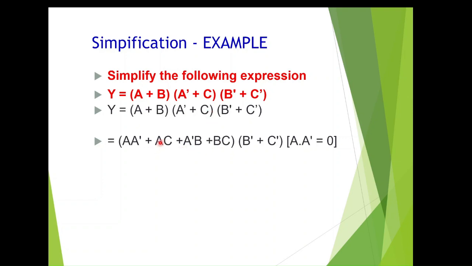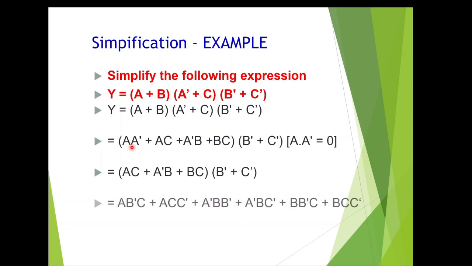So a into a', a into c, a'b plus b into c. Actually the dot is there, so it is implied. Then a into a' is 0, so remaining terms we will write and then again multiply. You will be getting ac into b', ac into c', similarly a'b into b', a'b into c', similarly bc into b' and bc into c'.